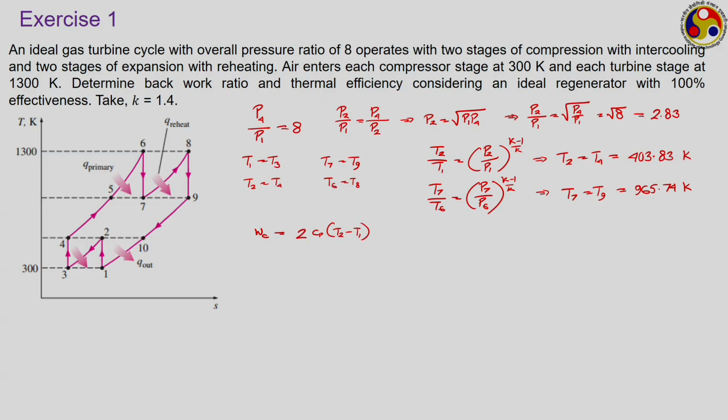So, it is twice Cp into T2 minus T1, and that will come to be equal to 208.698 kilojoule per kg. Similarly, for the turbine it will be twice the work output from each stage, which should be equal to Cp into T6 minus T7, that is equal to 4671.863.